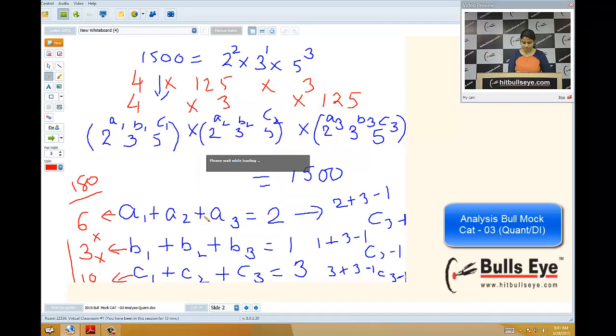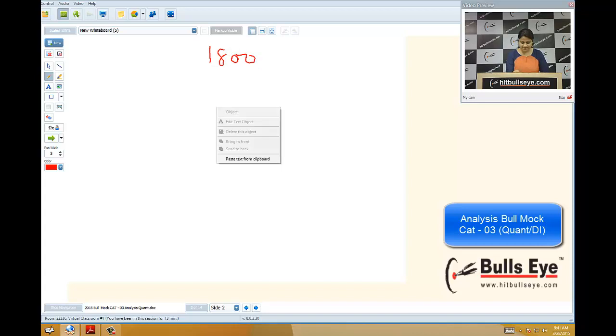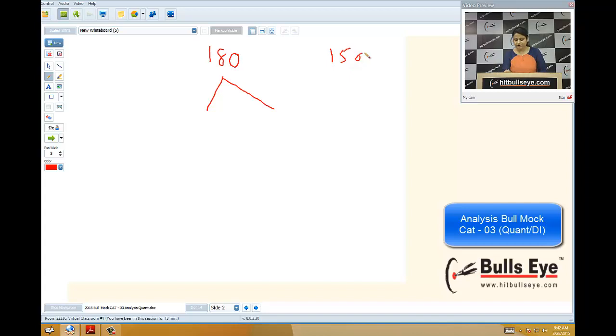Now I'm taking those 180 cases we have calculated. Now 1500 is not a perfect cube. That's why 1500 cannot be written as a product of three integers where all three integers are the same, because 1500 is not a perfect cube.